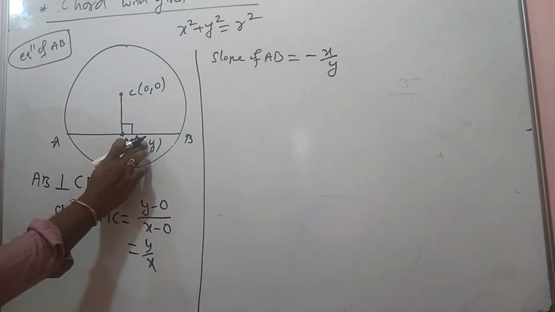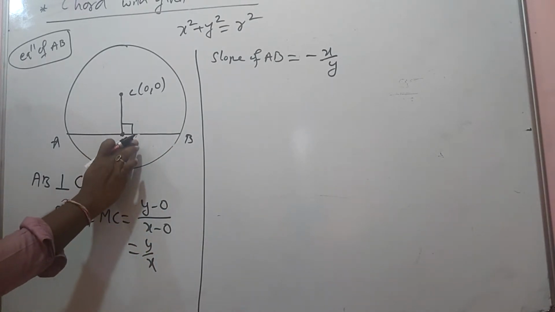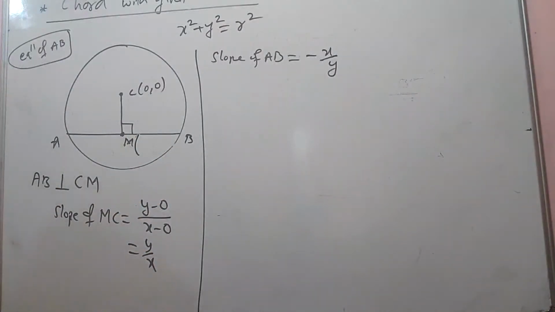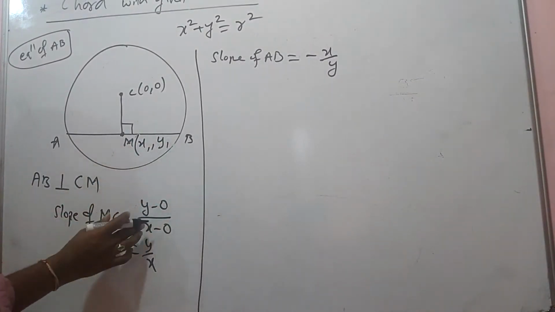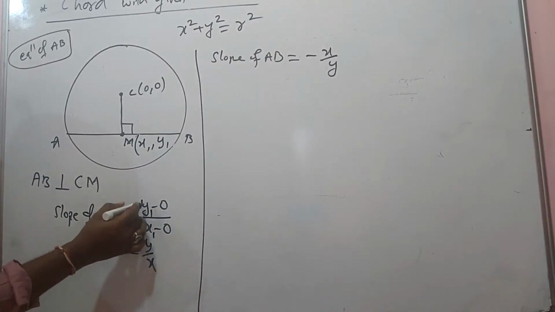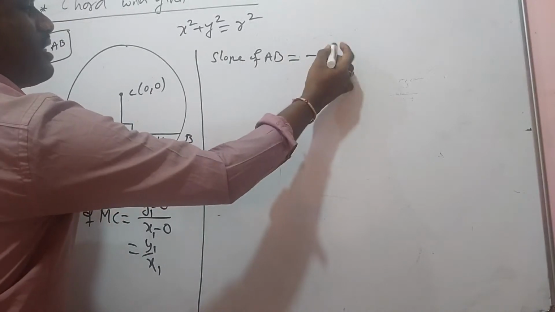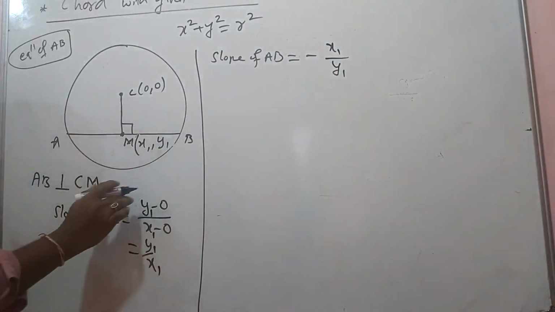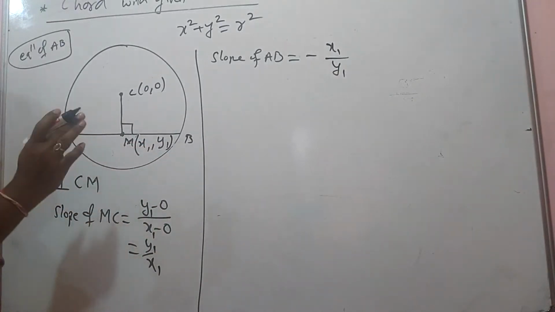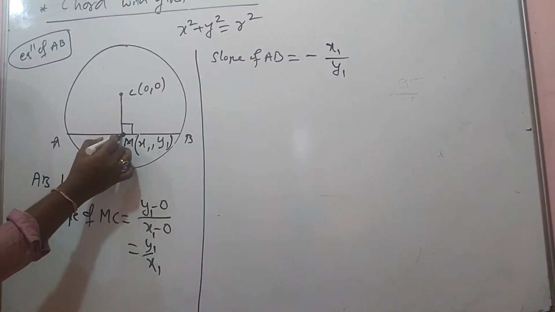Let us take this point as x1 comma y1, because the x and y are already used. Then y1 by x1 is the slope of MC, and here I'll get minus x1 by y1. I am taking x1 comma y1 as the midpoint, so that the equation of the line does not get disturbed again.